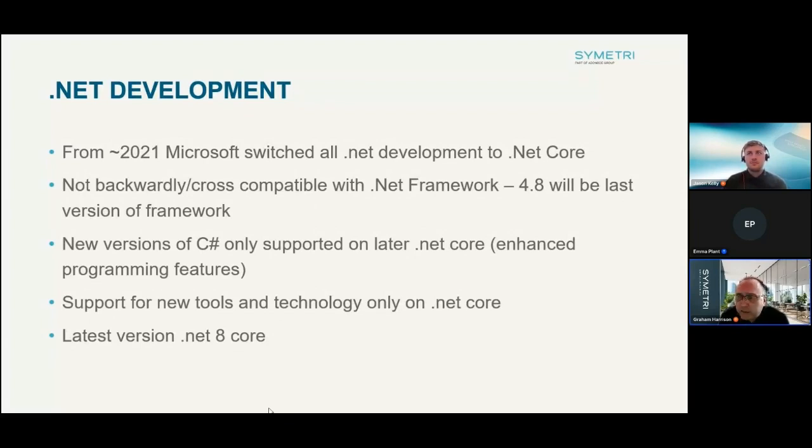All of the new programming features built into the languages are only supported on the later versions, and also support for any new technologies that are coming out. So we'll see it referred to as .NET Core. The latest version of that is .NET version 8.